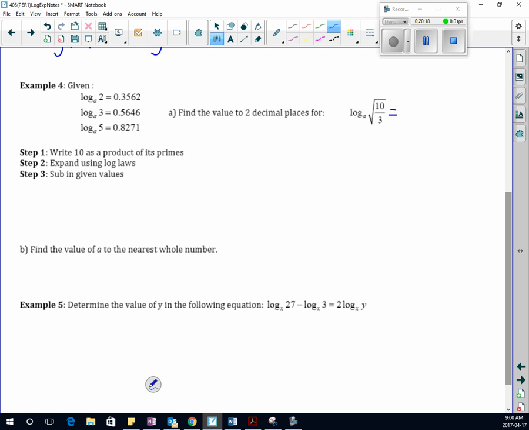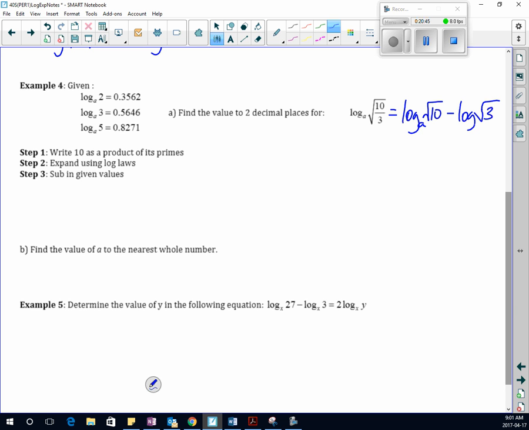Yes? So do you see that this would be the same thing as log of the square root of 10 base a subtract log of the square root of 3. Is everybody good with that? Did everybody see what I did?